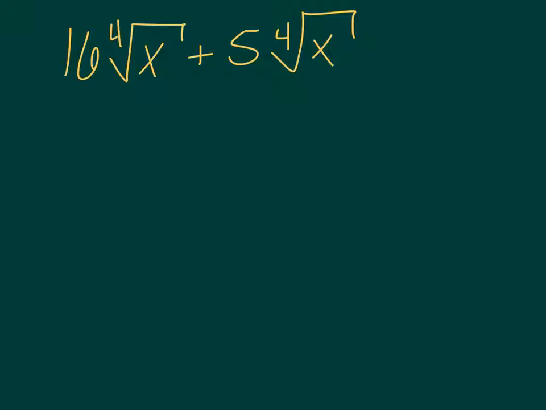The radicands are both x, so that's also helpful. What's that? So 21 fourth root of x, yeah. So those are pretty simple. I mean, there's not much to them.